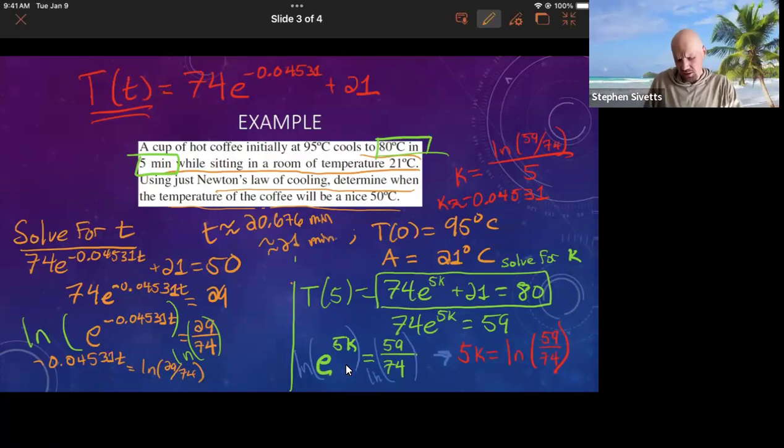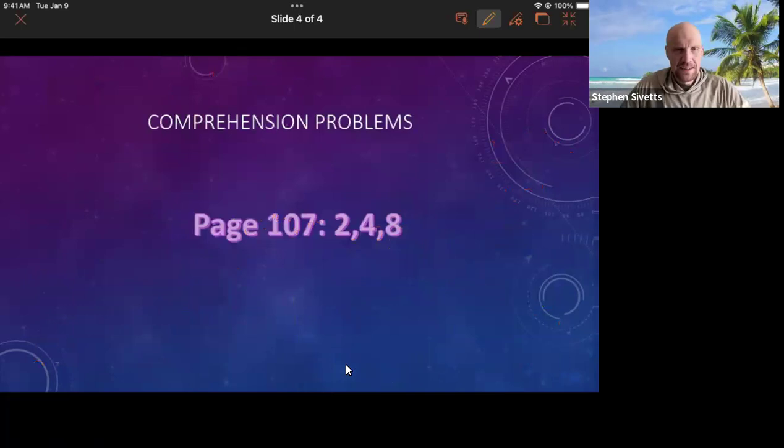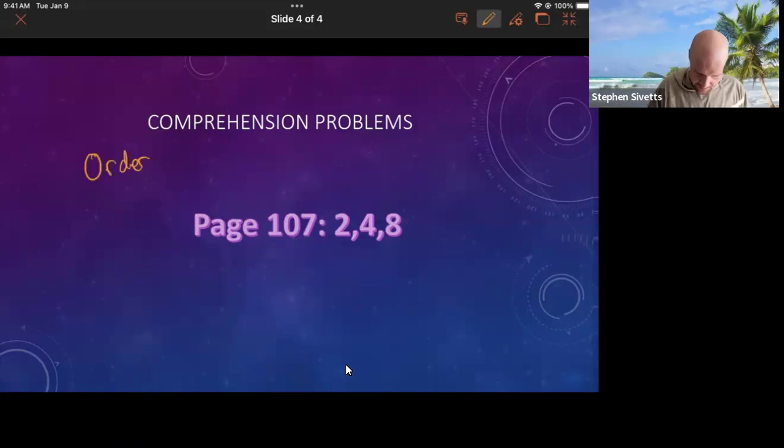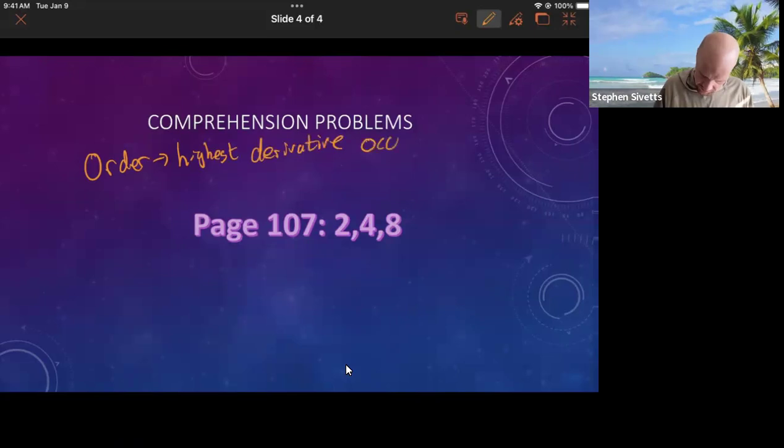And then there are just a few side problems for you to work with. So that's about it for first order differential equations. In the next set of videos, we'll be looking at second order differential equations. Remember, order means the highest derivative that occurs in an equation.